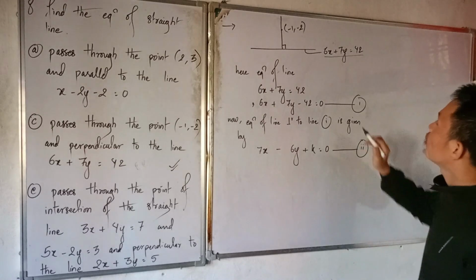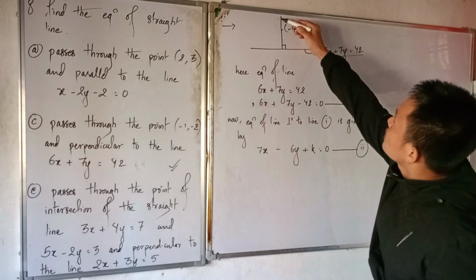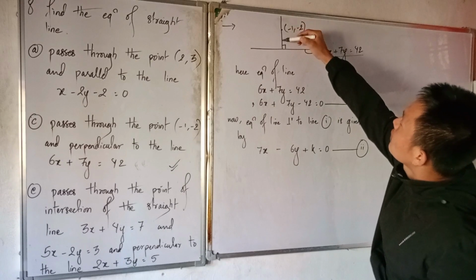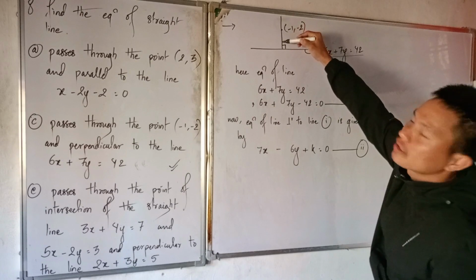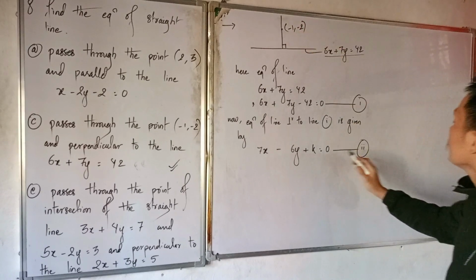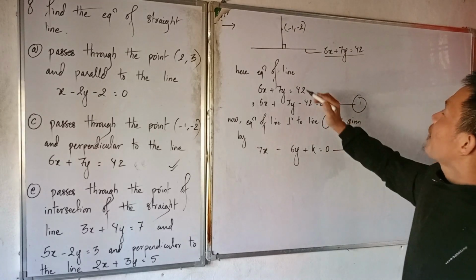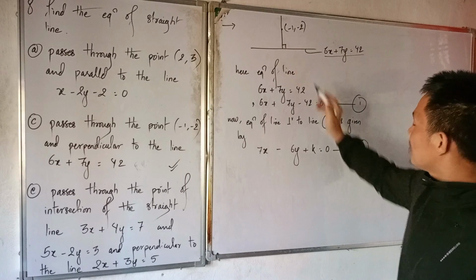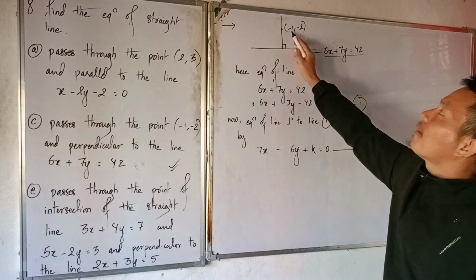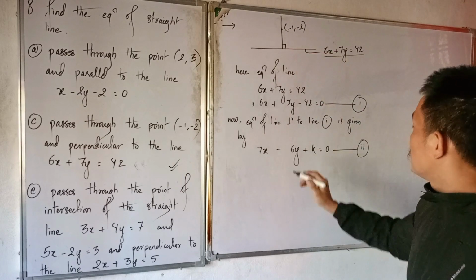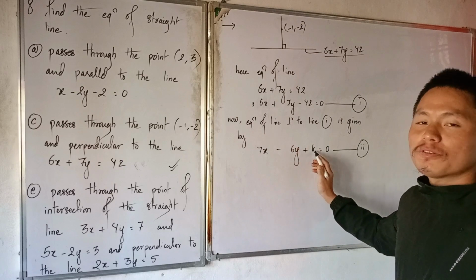So this equation is the line's equation that we have supposed, and this equation passes through -1, -2. Now from that we will get the value of k.